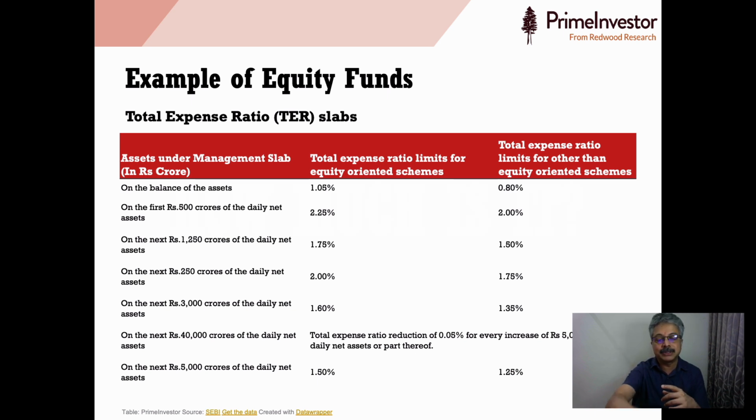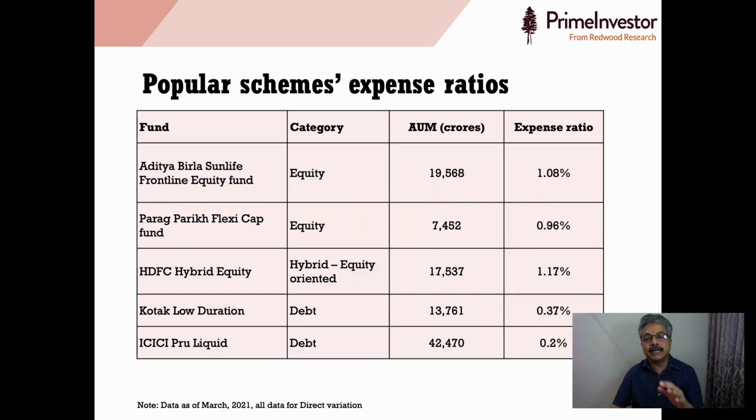Similarly, for non-equity oriented schemes, the upper limit is 2%, and the lower slab is 0.8%. What we should understand here is that these are slab rates. For the first 500 there is a different charge, for the second 500 there is a different charge. It works very much like our income tax rates.